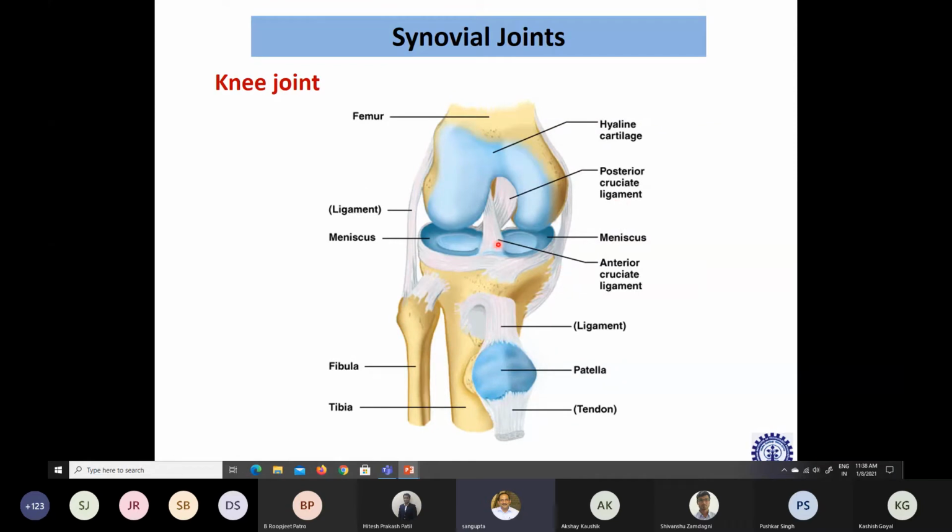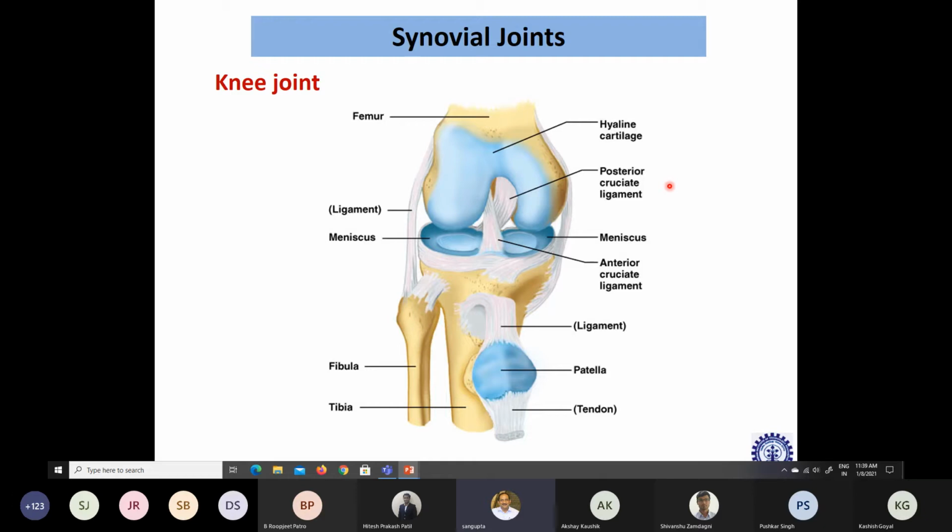There is the cruciate ligament. The word cruciate actually originates from the word cross. The anterior cruciate ligament and the posterior cruciate ligament, popularly known as ACL and PCL, are crisscrossing the knee joint and holding the bones together to form the knee joint.